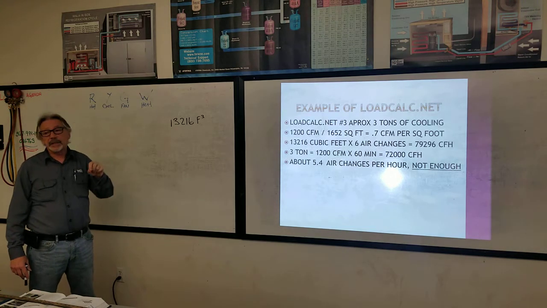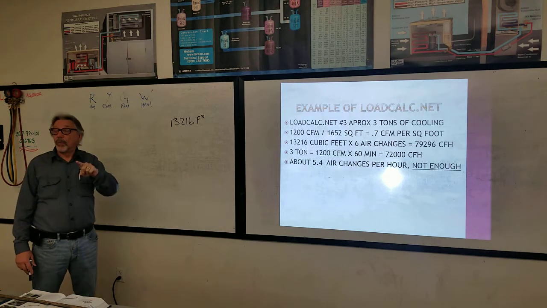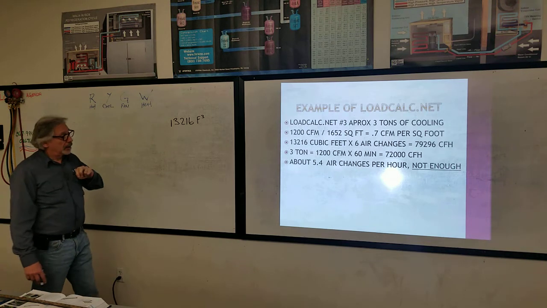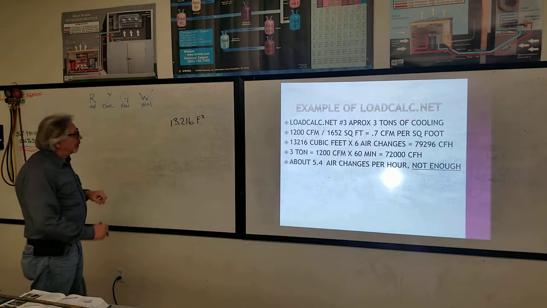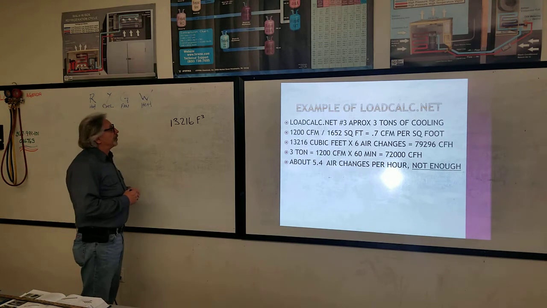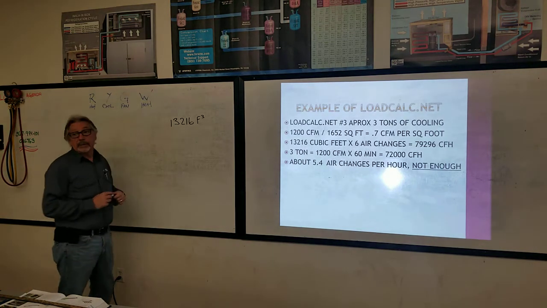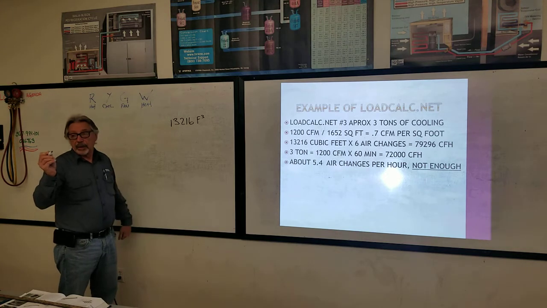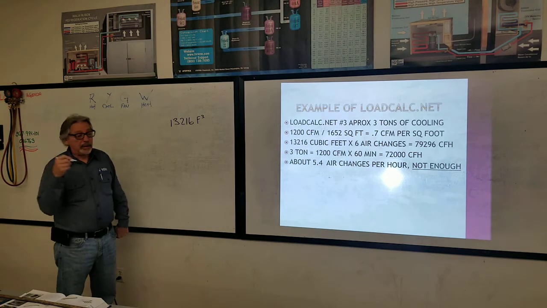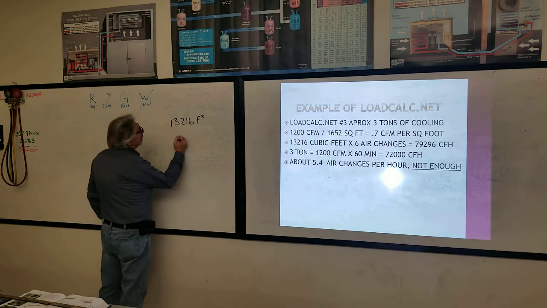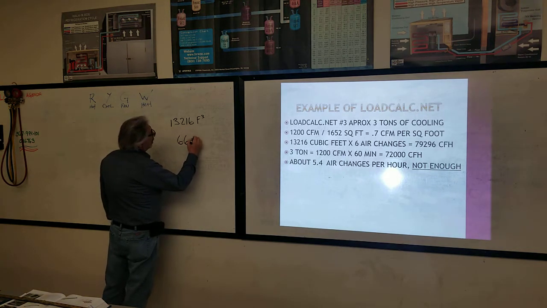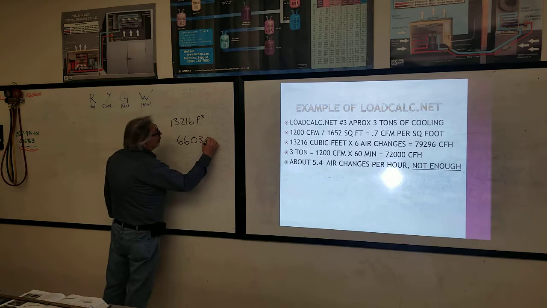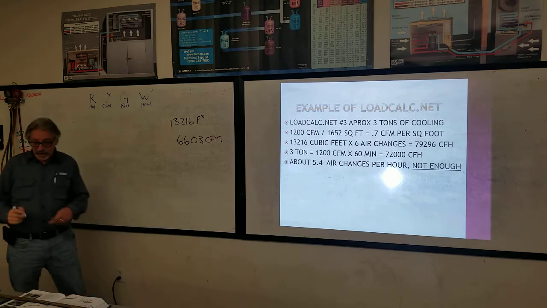Some parts in the United States, it's 1 minute per air change, or 1.5 minutes, where it's really dry, Arizona, New Mexico, stuff like that. So if we divide 13,216 by 2, that's 6,608 CFM. That's the size you're gonna need.